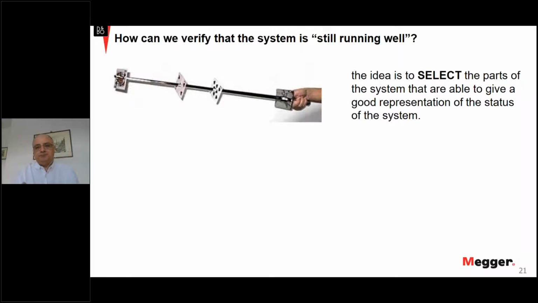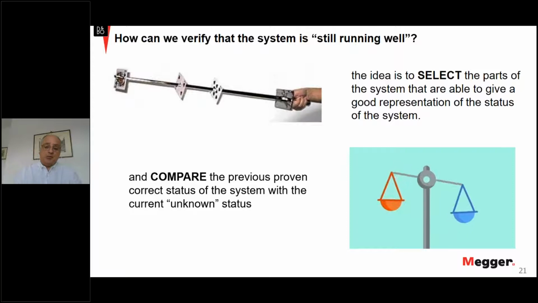The idea is to select the parts of the system that are most important, that give me an idea of how the system works, and compare the previously proven status with today's unknown status. If it is equal to before, and before it was okay and I used it as a master comparison status, I'm fine. When there is a difference, I give an alarm: the maintenance routine has failed, it found an error, and somebody has to open the box.